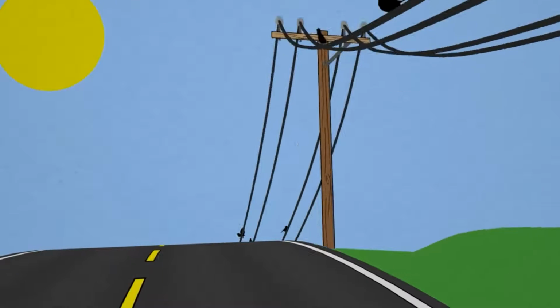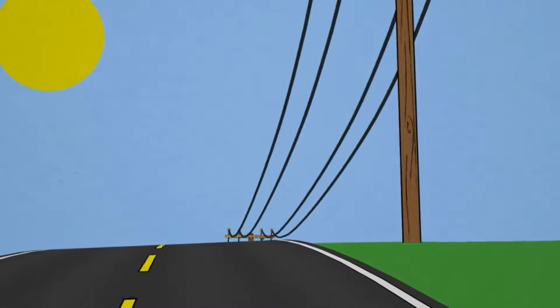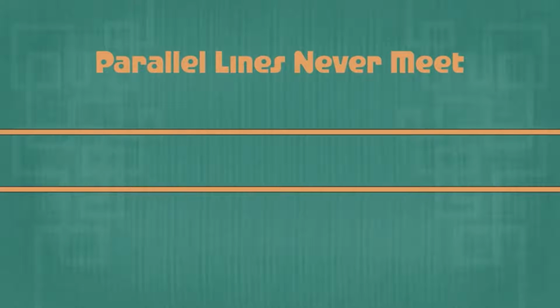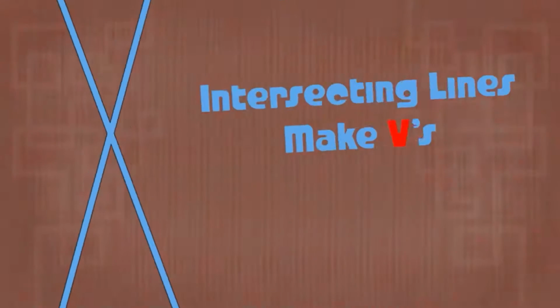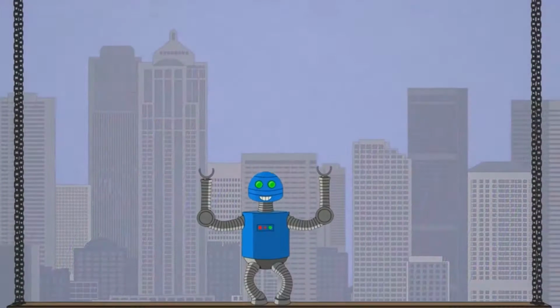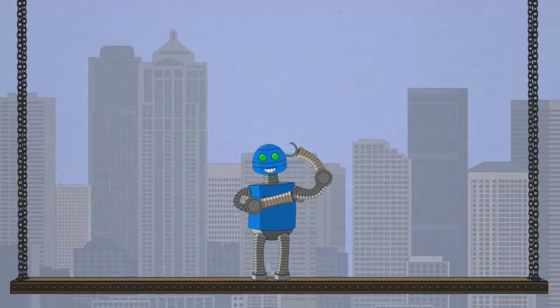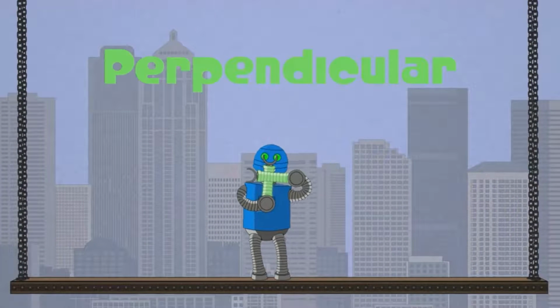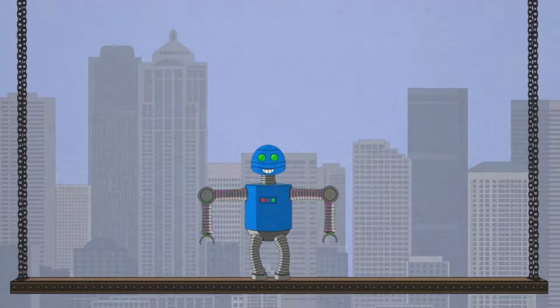Like these telephone wires up above the street. Parallel lines will never meet. Parallel lines never meet. Intersecting lines make V's. Perpendicular lines meet at 90 degrees. Put your hands in the air with me. Parallel, intersecting, perpendicular, they're rectangular.